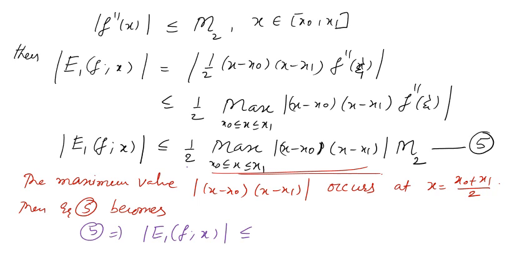If I substitute x equal to (x0 plus x1) by 2, after simplification I get 1 by 8 times (x1 minus x0) whole square times M2. There is no x term because x is replaced by (x0 plus x1) by 2.